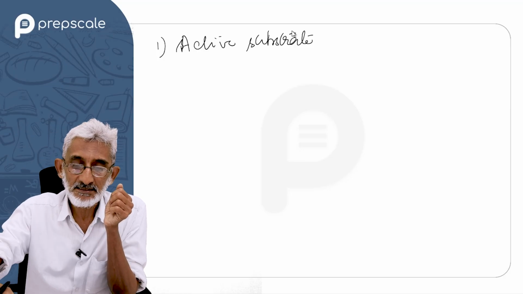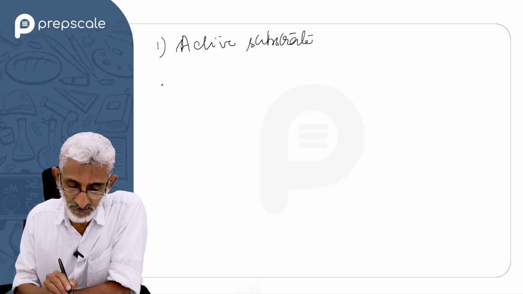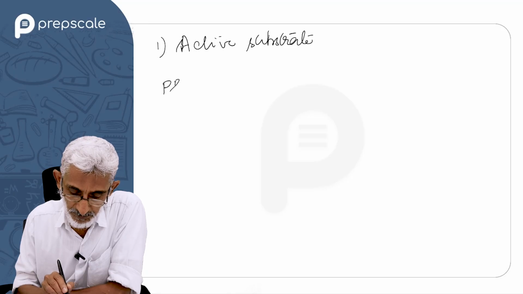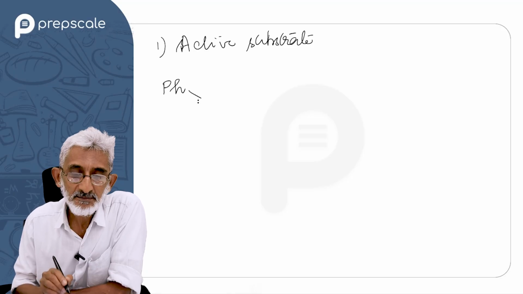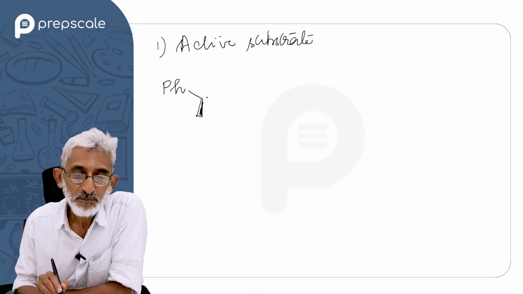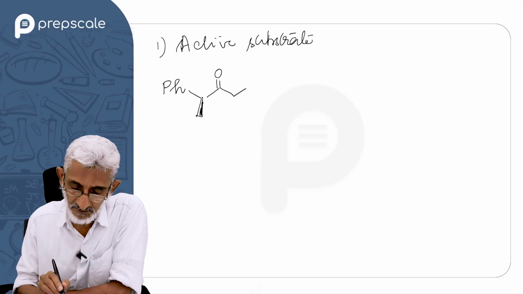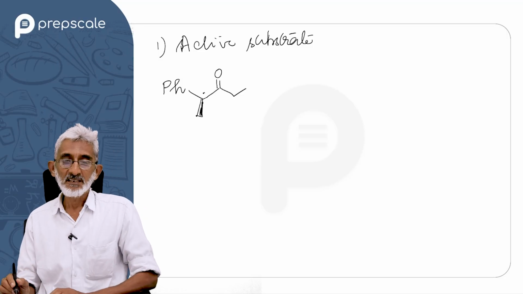Let's look at a simple reaction, a reaction which is familiar to you. Let me take this molecule. I have one chiral center here, with a methyl group and an ethyl group. This is the molecule.